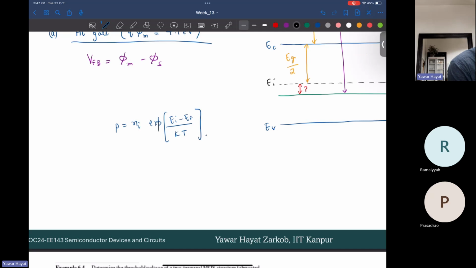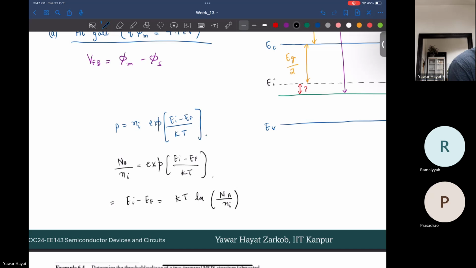So P you said can be used as Na, this as Ni, this as exponential of Ei minus Ef by kT, right? Yes, sir. And then you can write this Ei minus Ef as kT ln of Na by Ni.